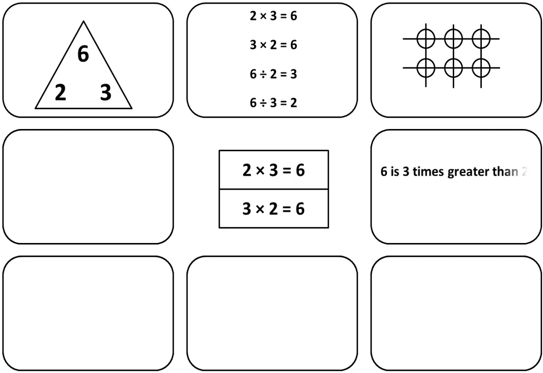Okay, in the next space, students will write that 6 is 3 times greater than 2, and also 6 is 2 times greater than 3. In the next space, students can write 6 divided by 3 is equal to 2, and also 6 divided by 2 is equal to 3. Moving to the next space, students will write the factors of the product.